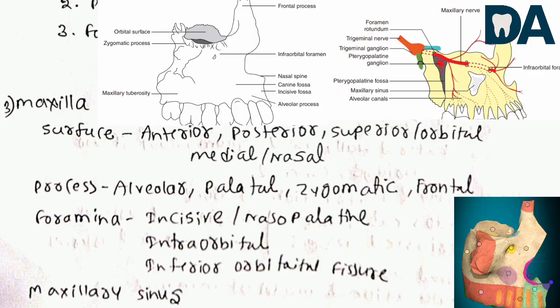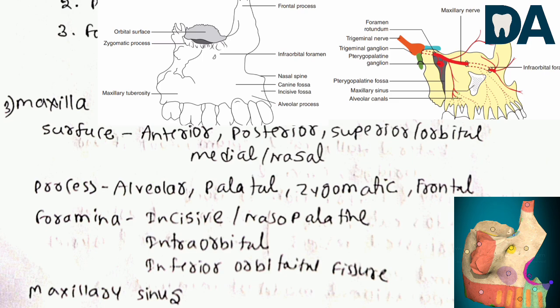This is a small depression above the incisor from where the depressor septi muscle originates. Canine fossa. This is a depression on the alveolar process lateral to the canine. Infraorbital foramen. There is a foramen 7 mm below the inferior rim of the orbit that transmits the infraorbital nerve.